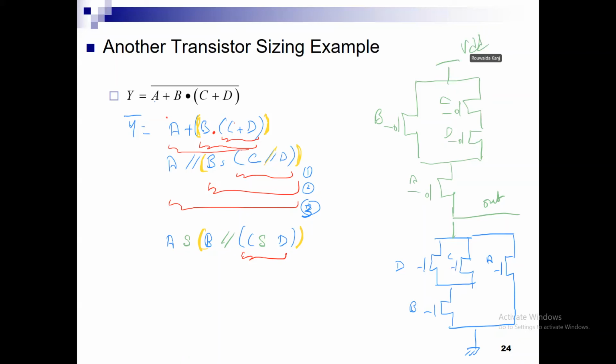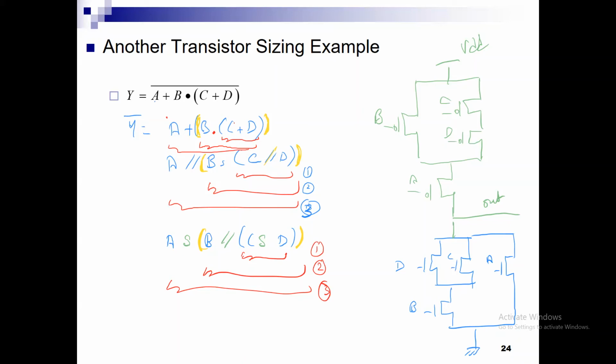Okay, so I started with C in series with D, then B in parallel with this quantity, and then A is in series with them. So the precedence is 1, 2, 3.